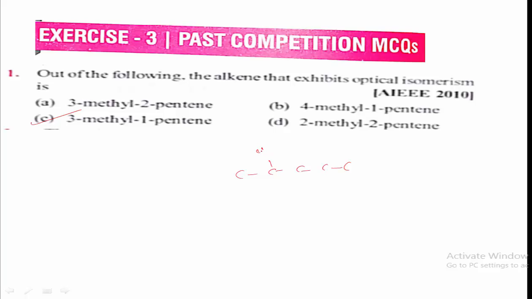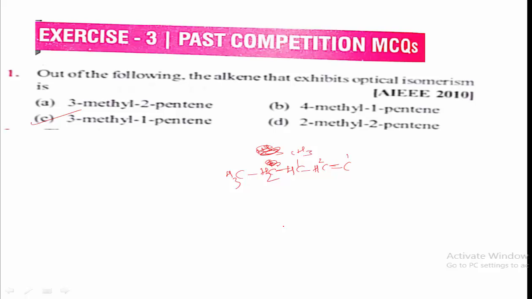Third one contain methyl group, therefore I write here double bond. This one is 3-methyl pentene. Is it right? Okay, 1 2 3 means here CH3 group. This one is not CH3. Okay, I write here CH3, here CH2, and here only I write H, here CH, right? Yes. It contain asymmetric carbon atom.